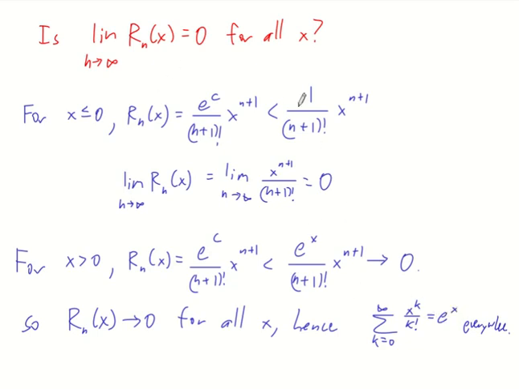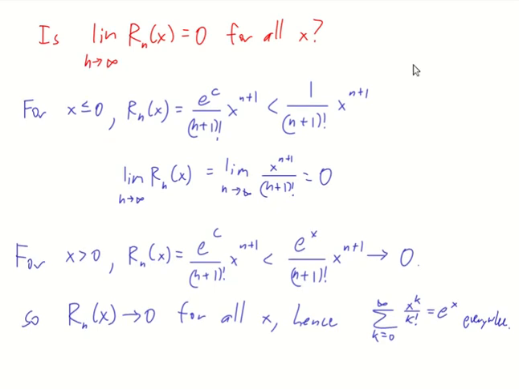So this is more what you would have to do when you don't have some formula for the derivatives of your function. If you can come up with a formula for the derivatives of your function, you're welcome to use the ratio test or the root test. That will work just as well. But that won't always be the case. It won't always be easy to find a formula for the derivatives.